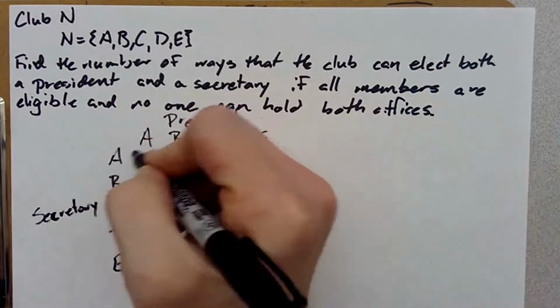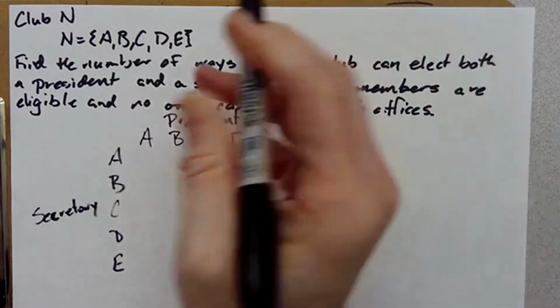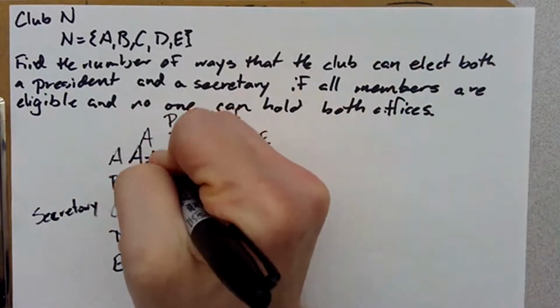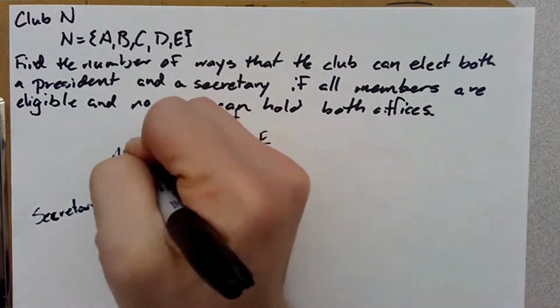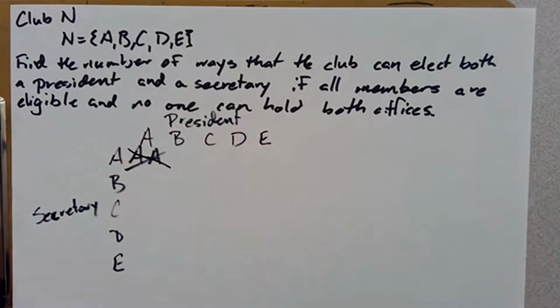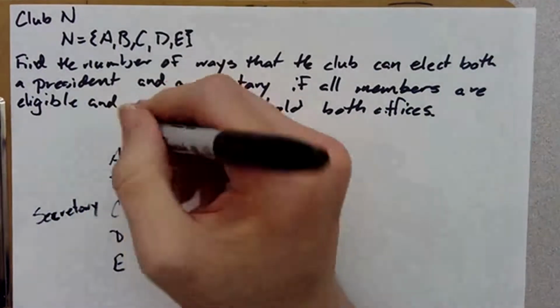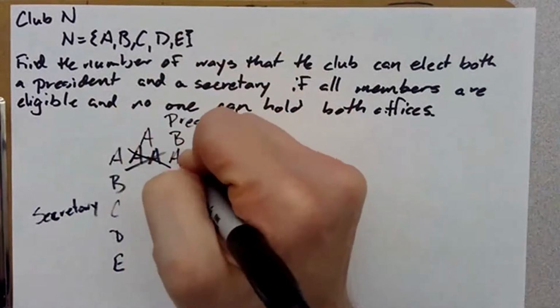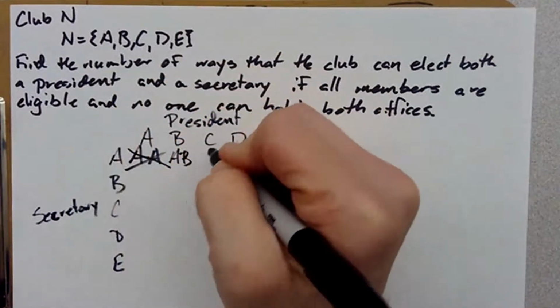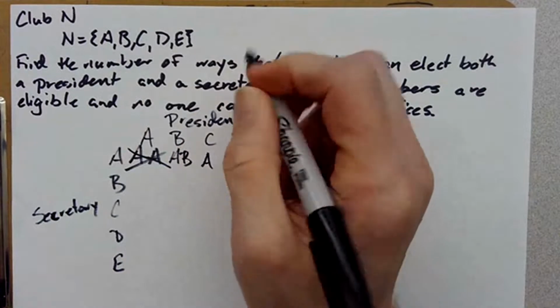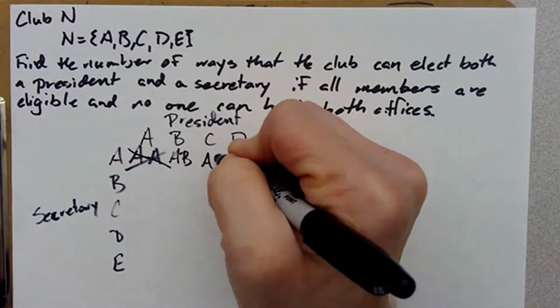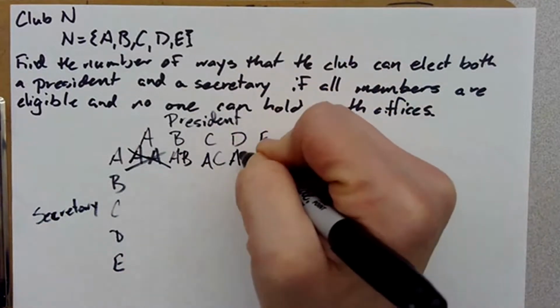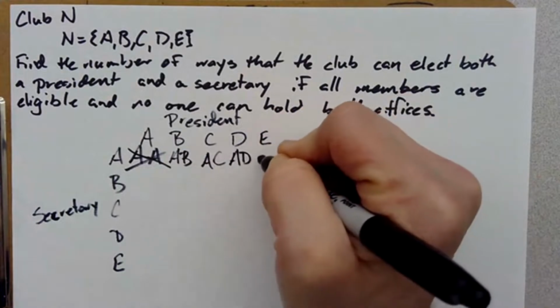Okay, well, Alan can't be both president and secretary, so we can cross that right off. But Alan could be president and Bill could be secretary. Alan could be president and Kathy could be secretary, AD, AE.